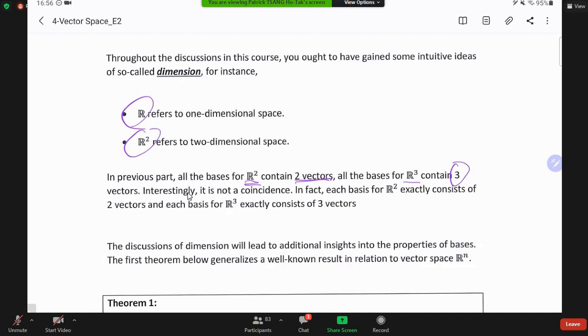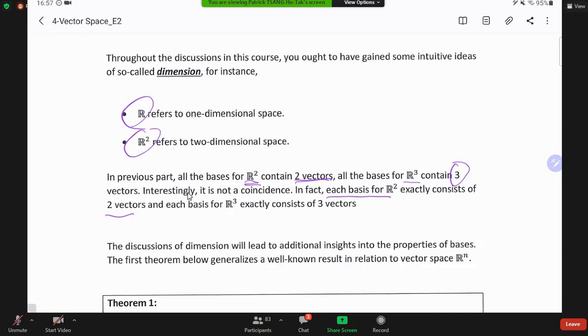Is it a coincidence, or does it happen by chance, or will it always happen? Let me tell you the fact. For every basis of R2 space, it will consist of exactly 2 vectors. For the R3 space, the basis will contain exactly 3 vectors.